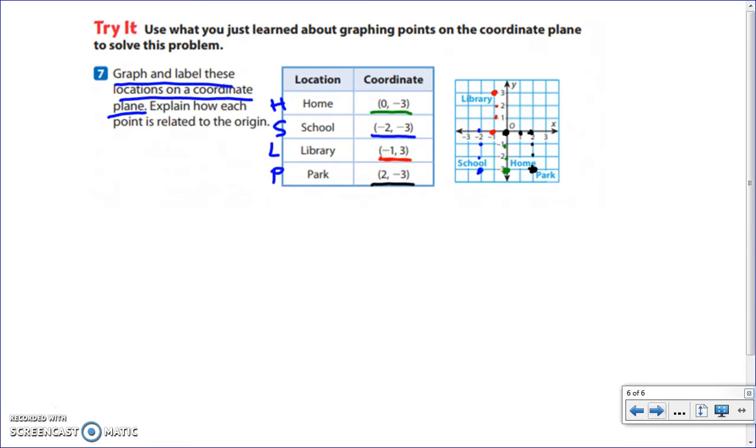Okay, so we've graphed and labeled these locations on the coordinate plane. Explain how each point is related to the origin. And I'm actually going to just say this out loud for you, and I want you to fill it in. If there are blanks, maybe I forgot to put the blanks in there for your book, but you can describe how each point is related to the origin by talking about moving left and right, up and down.